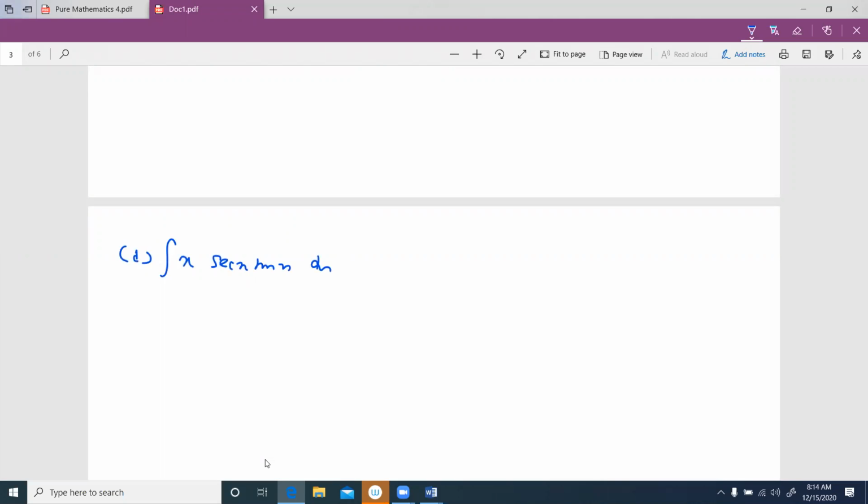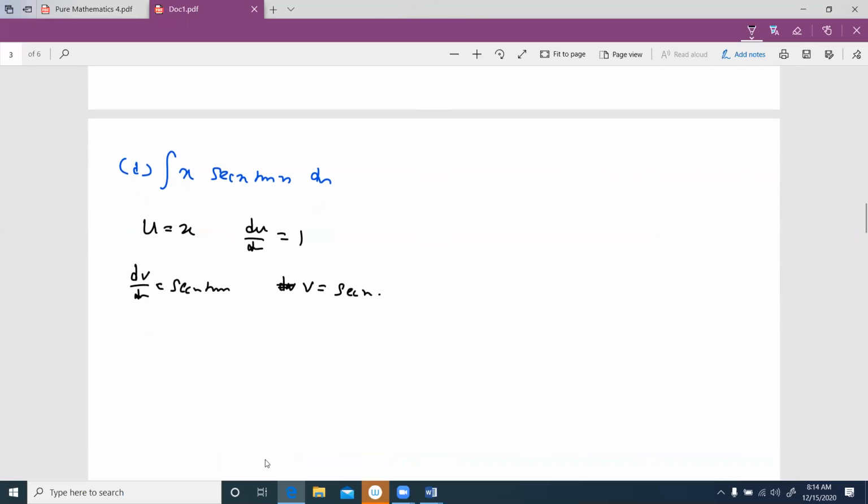Over here again, we have to consider this x as u. u is x, therefore du by dx equals 1, dv by dx equals sec x tan x. Then the integration of sec x tan x is sec x, right? Okay.